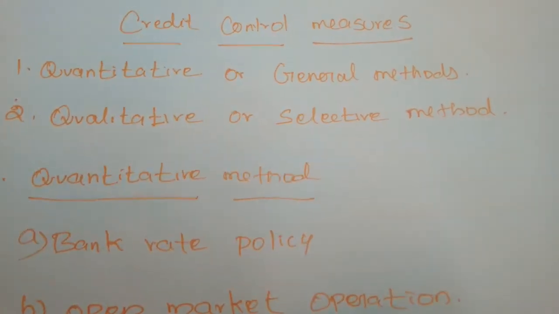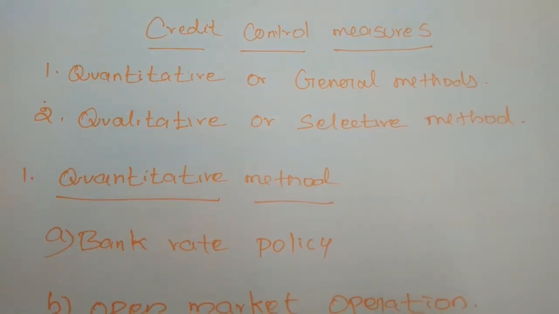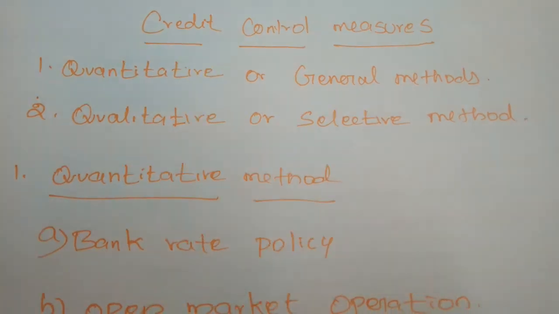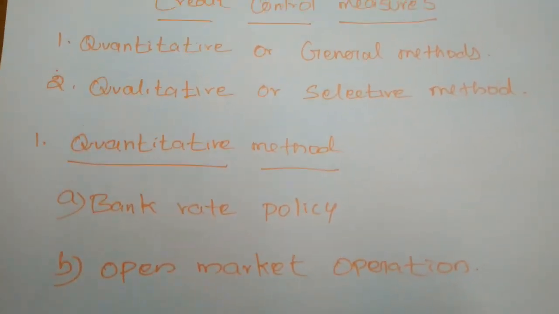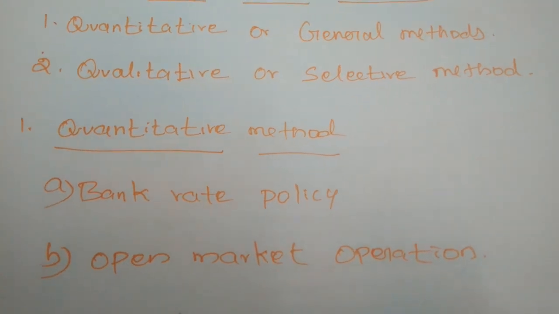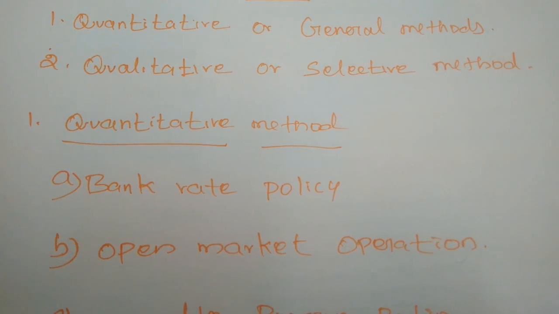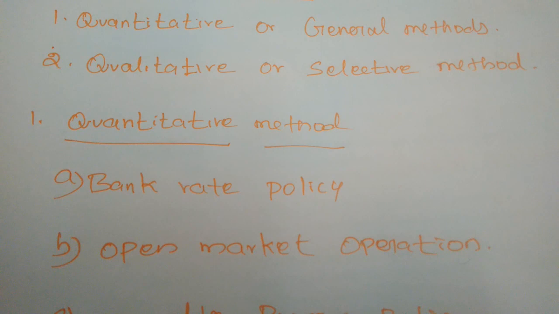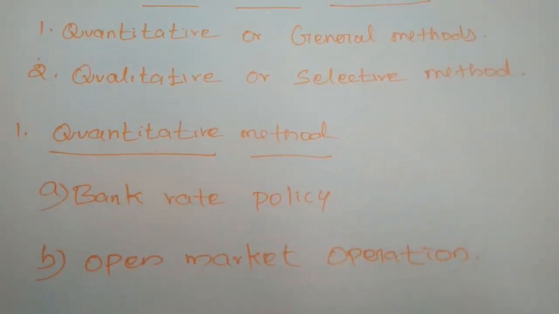Quantitative simply means the quantity of credit will be reduced, and qualitative means the quality, where we can bring controls under some other headings.